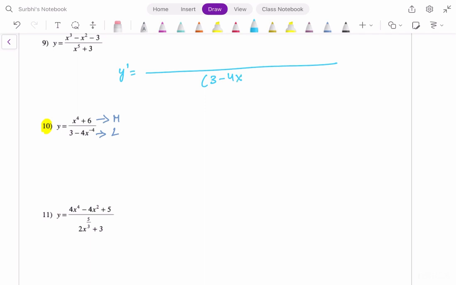So first thing first, let's write the denominator first, and let's write low D high. So denominator times the derivative of the numerator minus numerator and derivative of the denominator.